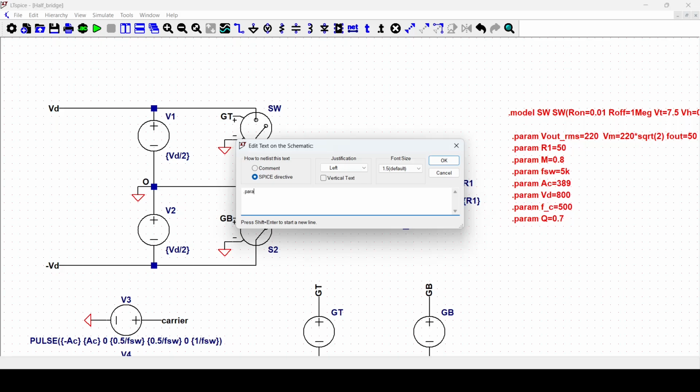Doing the calculations and rounding the numbers, we can say that L1 is 28 microhenry and C1 is 6 microfarads.